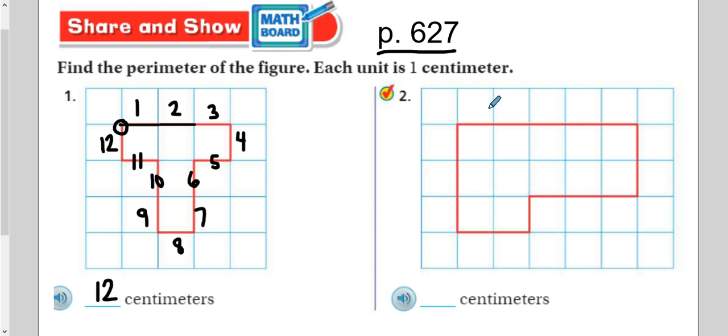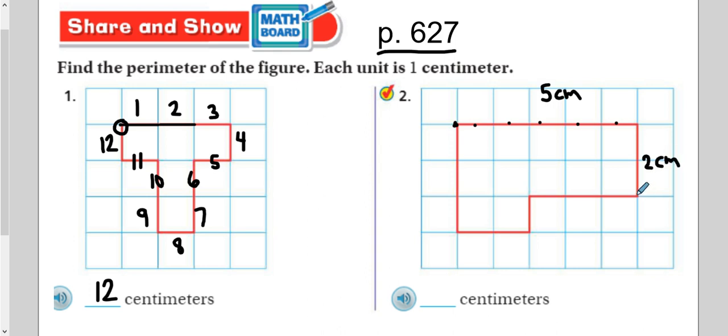All right, this one here is a little bit easier. I always like to make a little mark or something here so I know where it was that I started. So let's try to do this a little bit more at once. I've got 1, 2, 3, 4, 5. So this distance right here, from here to here, is 5 centimeters. And then we've got 1, 2, so 2 centimeters.